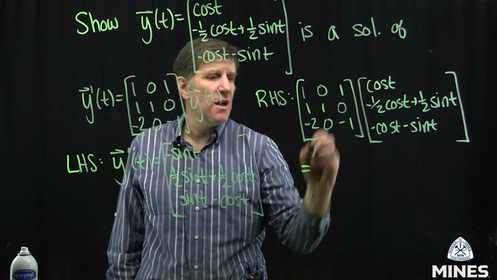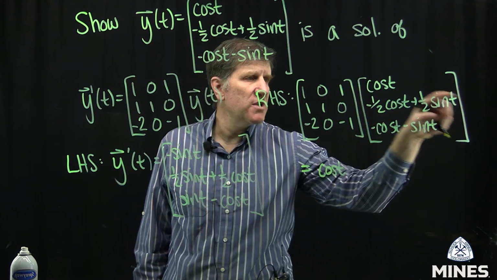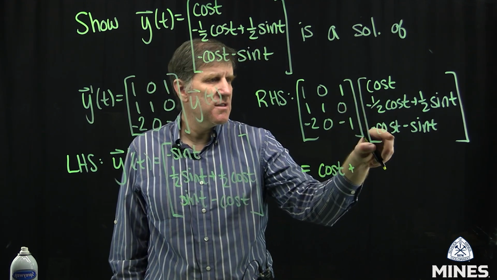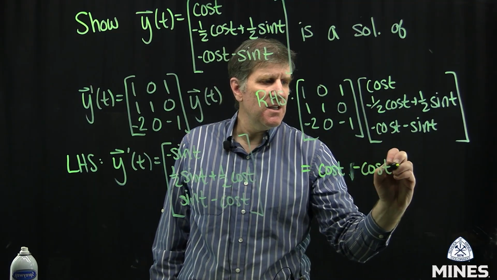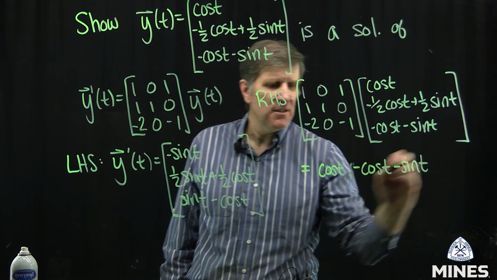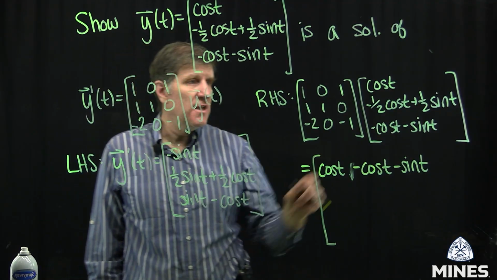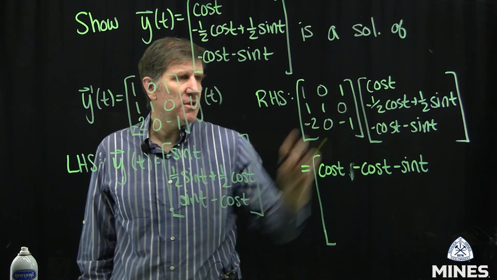We have 1 times cosine, so cosine t, plus 0 times this, which is great, plus 1 times this, which is negative cosine t minus sine t. For the next line in the product, we do the dot product of the second row with this column.